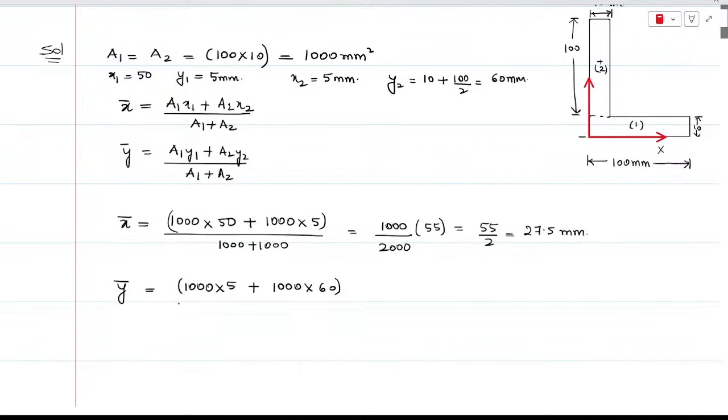That is 1000 into 60 whole divided by 1000 plus 1000, which is equal to 65 into 1000 divided by 2000. So this is 65 by 2, that is 32.5 mm, which would be the y coordinate of the L section.